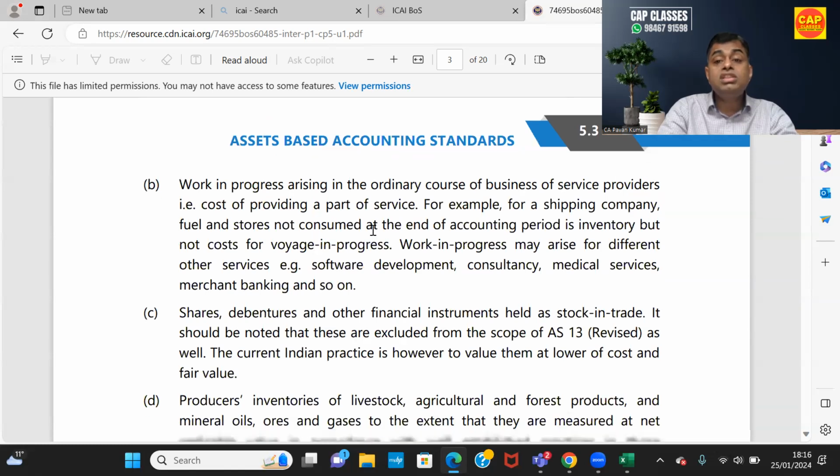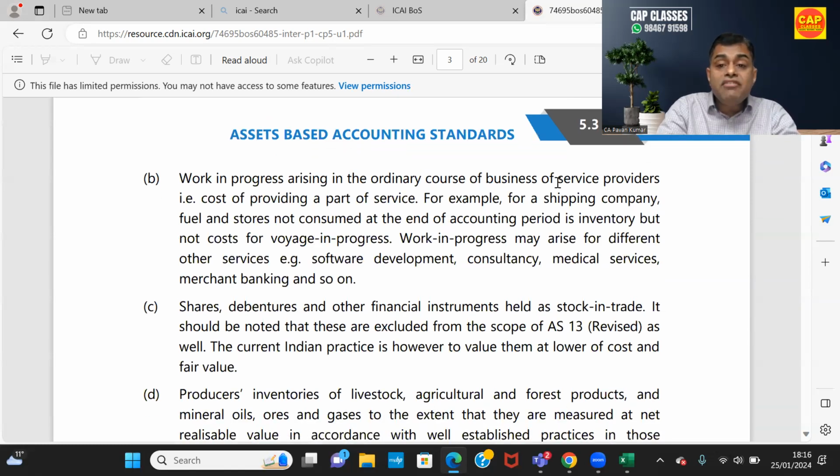Next, work in progress of service providers. There are certain service providers with some work in progress. For example, a shipping company has a ship, and in the ship there are certain inventories like fuel and stores.